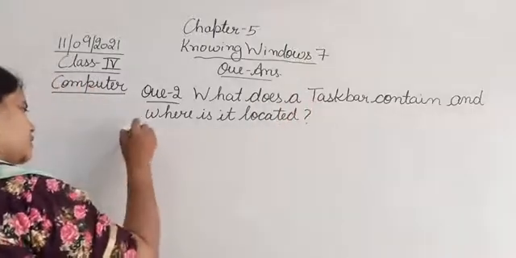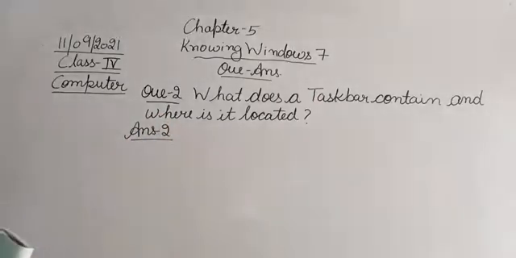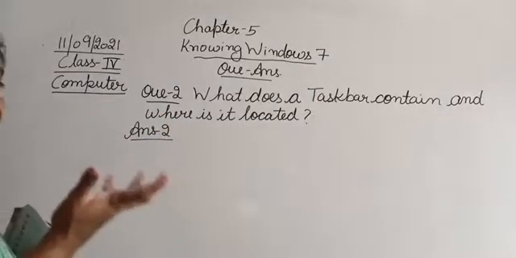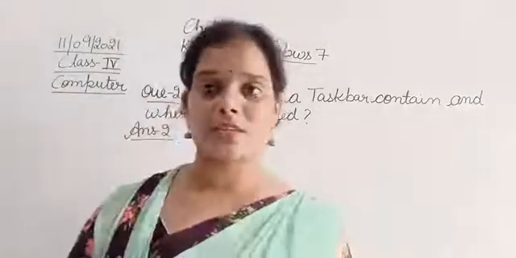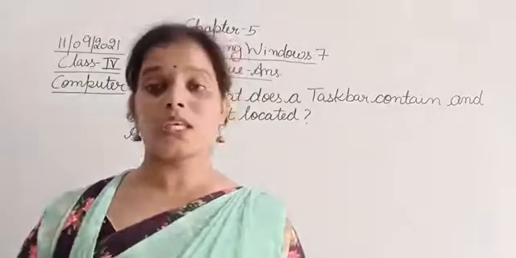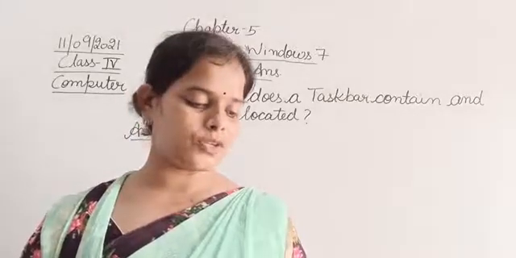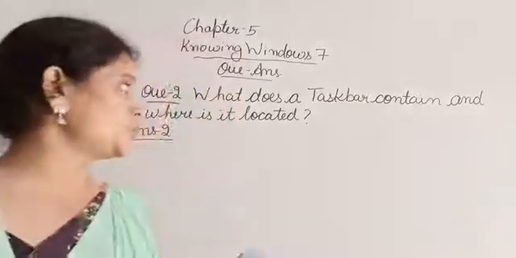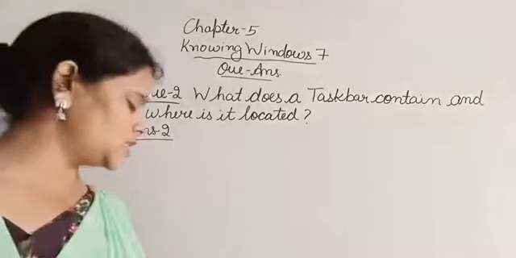Answer number 2. So what does taskbar contain? Taskbar के अंदर क्या होता है? What are the various icons contained by the taskbar? And where is the taskbar located? These are the two questions asked under the same question. First of all, we will mention what the taskbar contains.